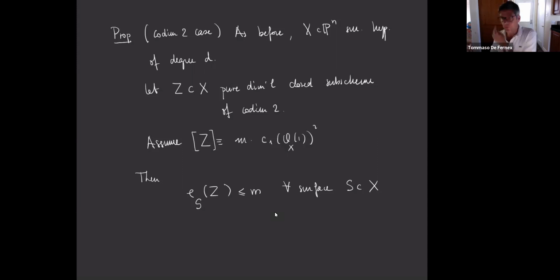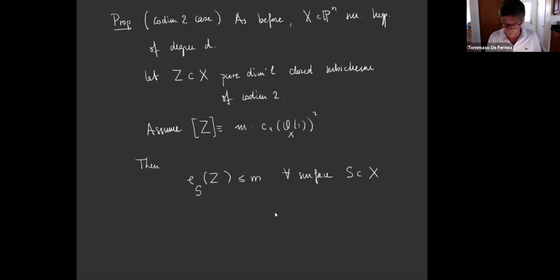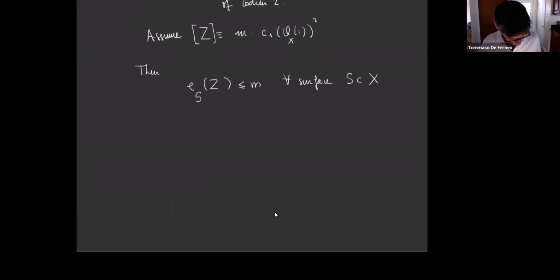So we're going to use this one when we deal with the high dimensional theorem. There is a general statement where you look at cycles of codimension k and then multiplicity along subvarieties of dimension k. But let me not worry about that. If you see how the proof goes for this case, then you can imagine what you need to do for the general case.